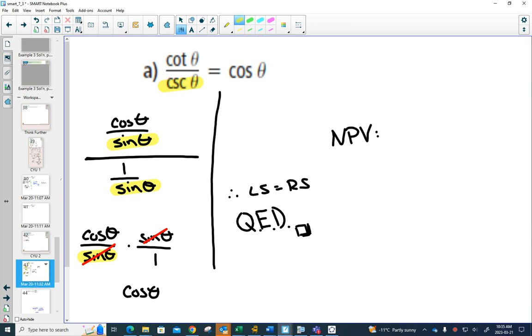Technically, we're dividing by 1 here, but I don't need to highlight a 1 because 1 is never equal to 0. And we have to figure out where these things are equal to 0.